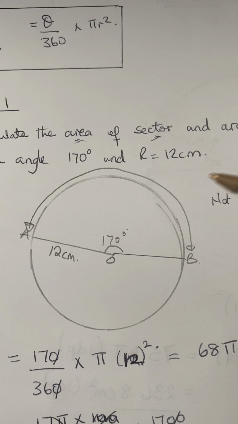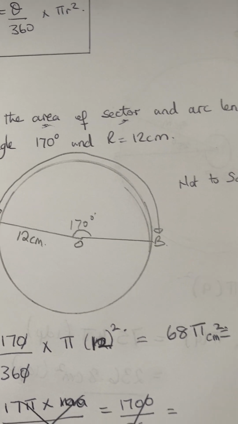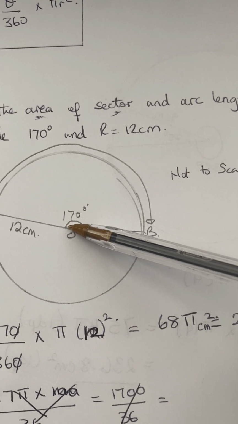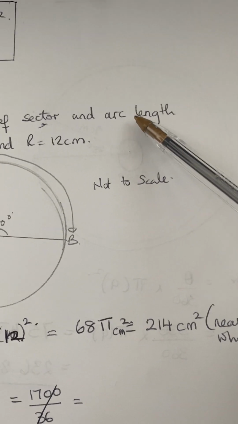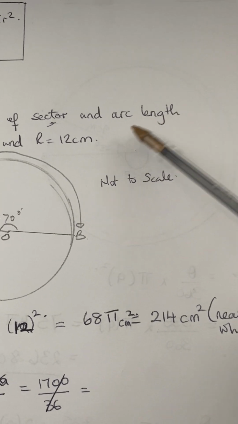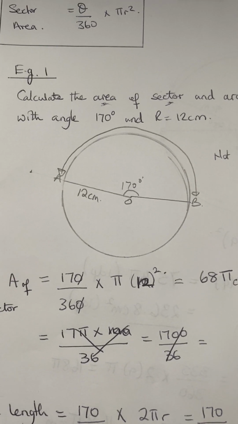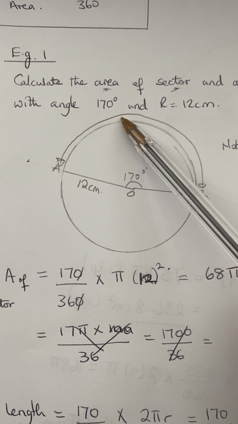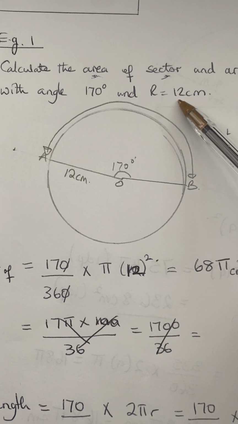Okay, if they wanted to find a full circle, then you don't need the angle. But assuming this is a sector, then it's part of the circle, so you need the angle and the arc length. So the arc length is part of the circumference, not the full circumference. Okay, so we are finding two things here. Okay, with angle 170 and radius 12 centimeters.